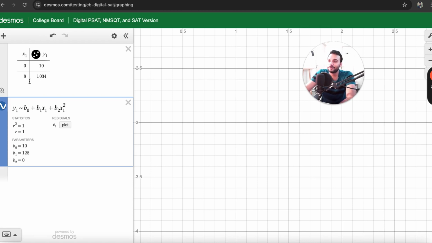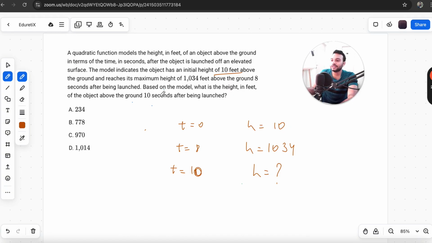We apply a small trick here. Okay. Look at the question. It's going to be a quadratic of this kind. We know the coordinates of this point. Okay, that are 0, 10. We know the coordinates of this point. It's 8, 1034. According to symmetry, this last point should be 16, 10.